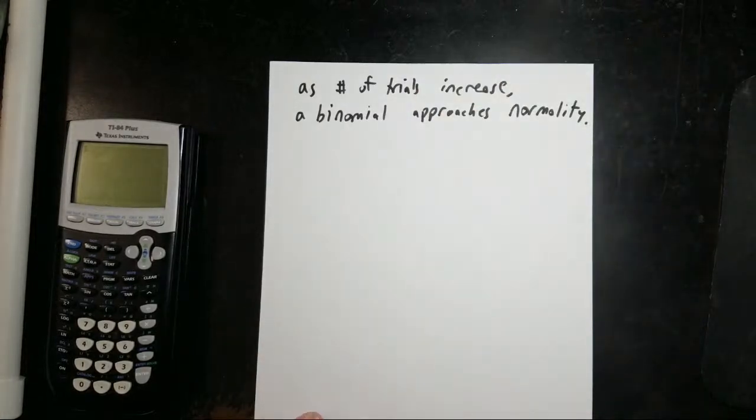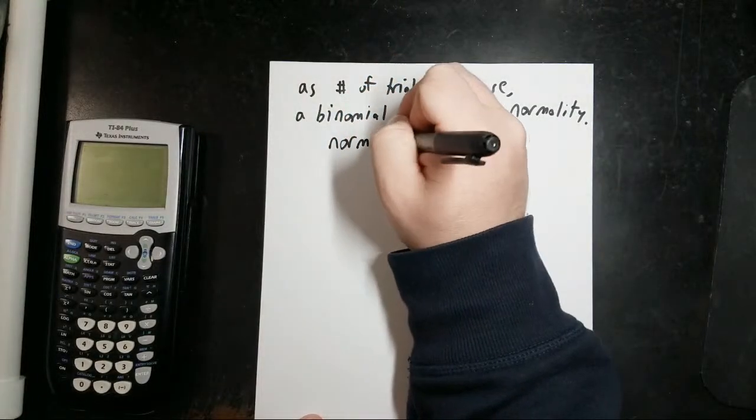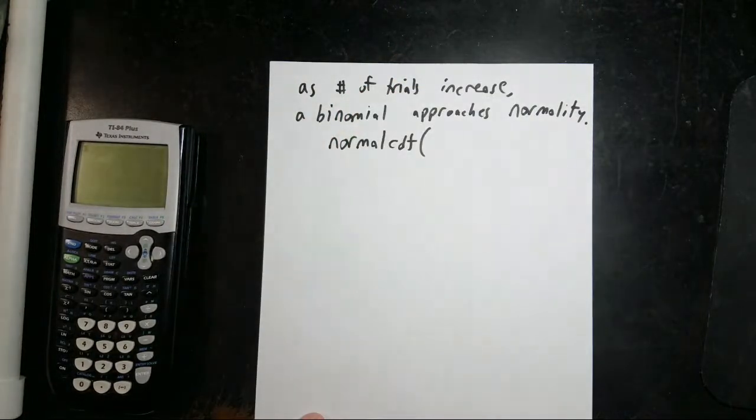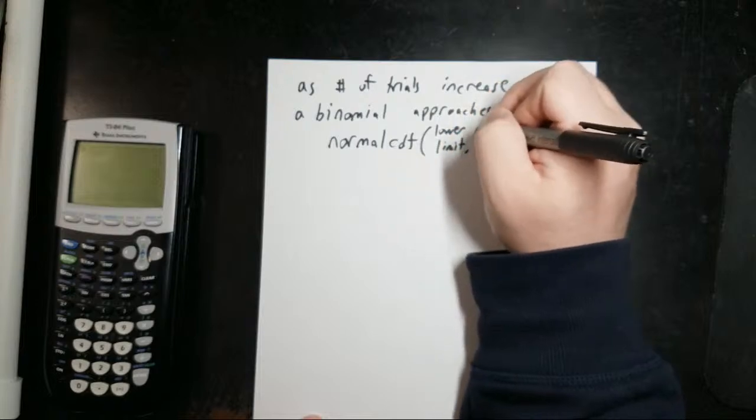It approaches a normal distribution. And for the normal CDF, if you have a binomial situation, we're going to do lower limit, upper limit.